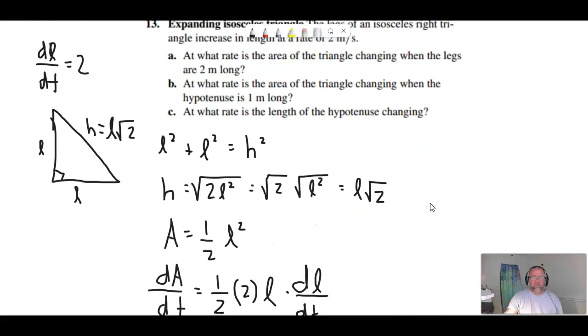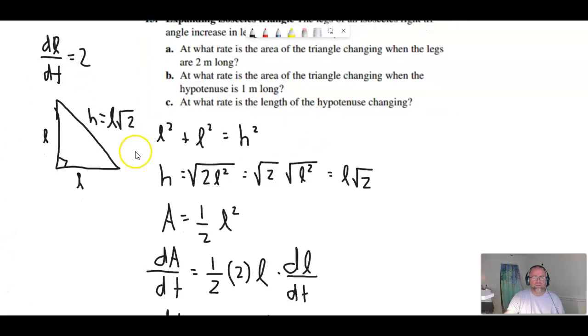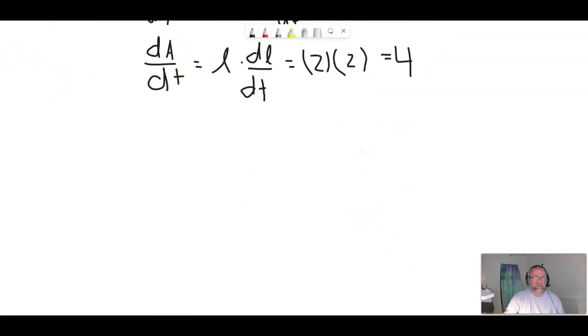B says, at what rate is the area of the triangle changing when the hypotenuse is 1 meter long? So for this part, we're going to have to solve for L in terms of H. So luckily we have a nice little relation here that H is equal to the square root of 2 times L. So let's use that down here.